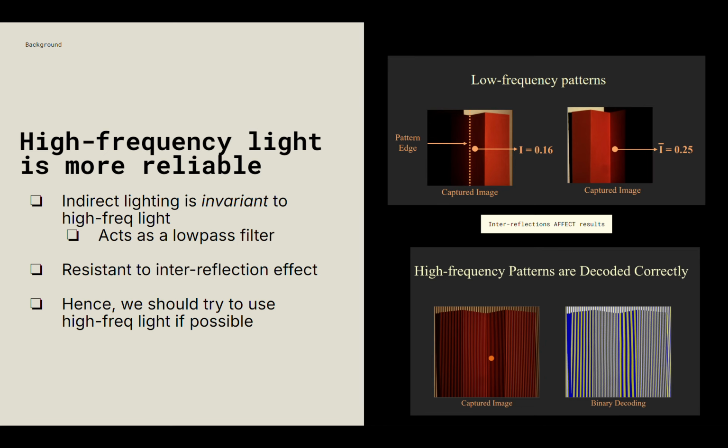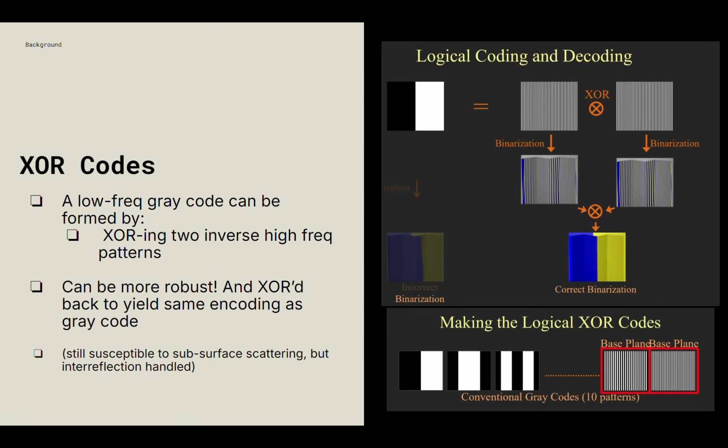And what's nice is that if you XOR two inverse codes together, you can reconstruct what was originally a low frequency gray code. This means you can essentially shine only high frequency XOR codes onto a scene and then XOR them back together to get your gray code binarization. And this alleviates some of the indirect illumination effects.